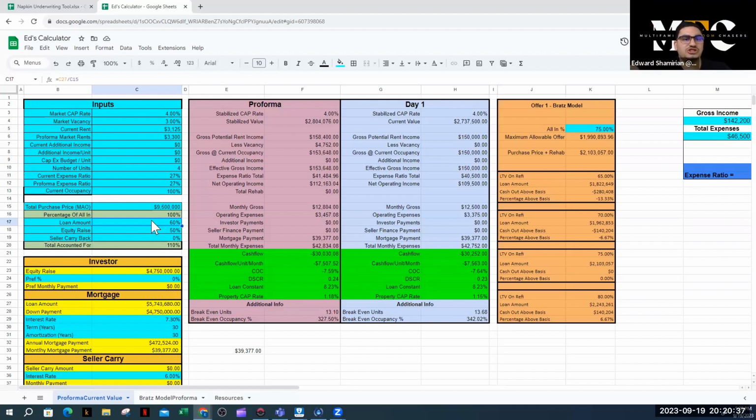But if you're not going to offer that, you need to know what percentage you have to come up with now. And remember, this doesn't factor in any additional capital you need to bring to the table: CapEx, closing, and so on. This is just to close and acquire the property.